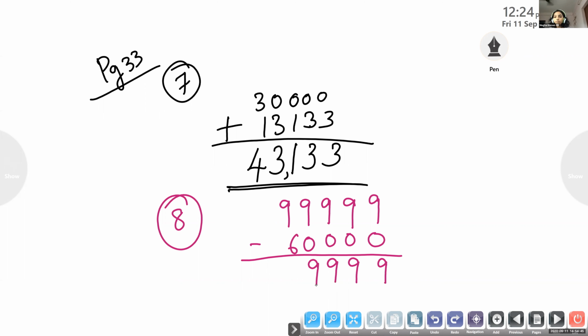Again 9, 9. 9 minus 6: from 9, you have to take away 6. After 6, count how many fingers? 7, 8, 9. 3. Very good. 39,999. All the children, please check whether you got the correct answer.